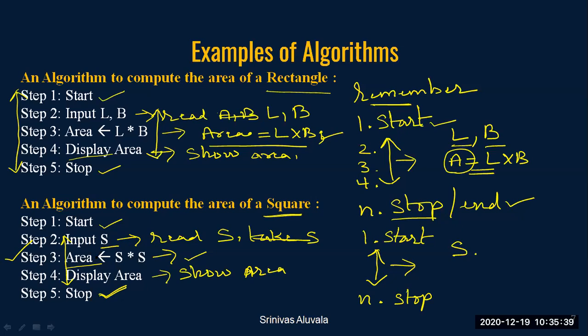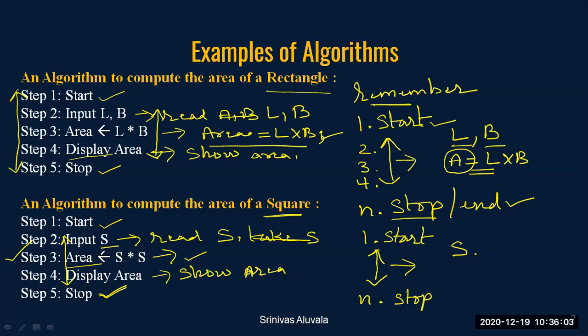So here are the two examples which I showed you to define what an algorithm is. Once again, I repeat, an algorithm is a sequence of steps which gives us a solution to a specific problem, possessing the properties of definiteness, finiteness, input, output, effectiveness, and termination.